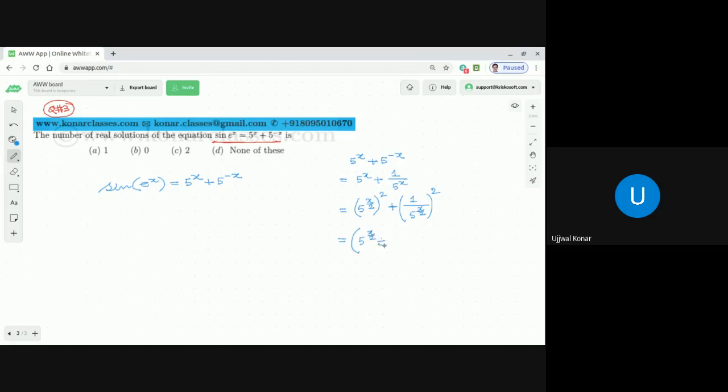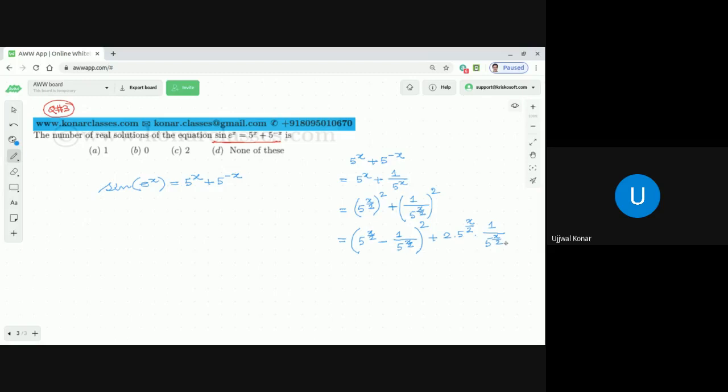A square plus b square you can write as a minus b whole square plus 2 into 5 power x by 2 into 1 by 5 power x by 2.